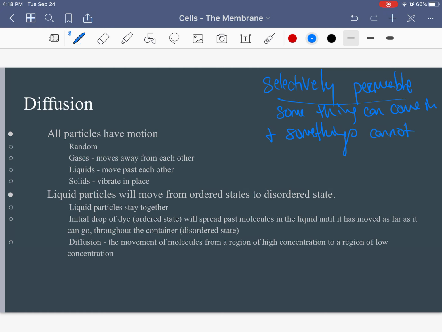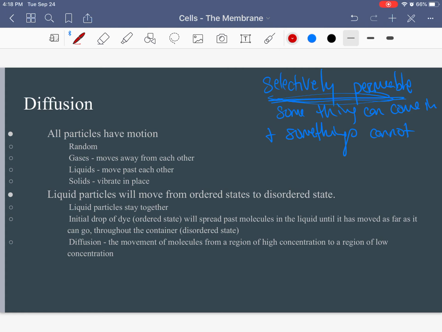So then the question becomes, if it's so selectively permeable, what is allowed in and what is not allowed in? We've already talked a little bit about this: when we're talking about moving directly through that cell membrane, only small nonpolar materials can easily move directly through the phospholipid bilayer, and the rest of it has to move through protein channels. But we're going to specifically talk now about the different types of movement, starting with diffusion.